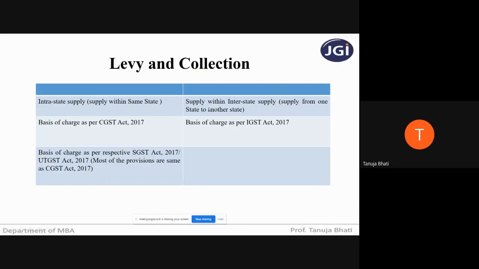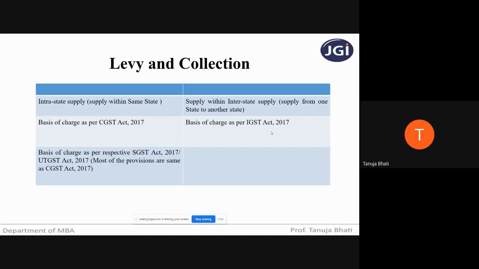Next, if the supply is interstate, that is supply from one state to another state, there is going to be levy of tax. And what is going to be the levy of tax? It is going to be the IGST tax that will be imposed on all the interstate supply of goods or services. Now, the tax will be paid and collected again by the taxable person. And who is the taxable person?